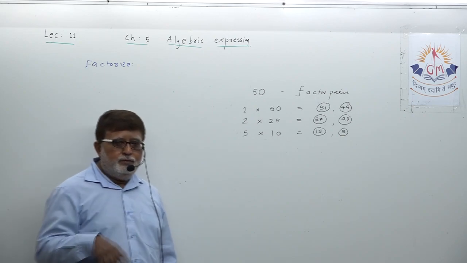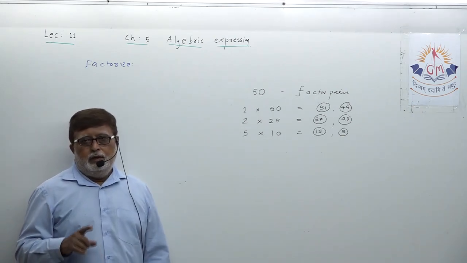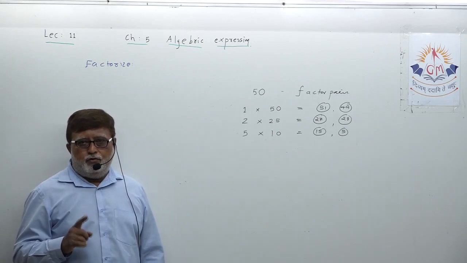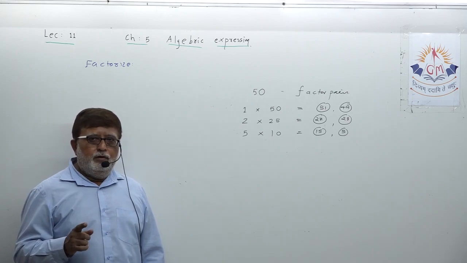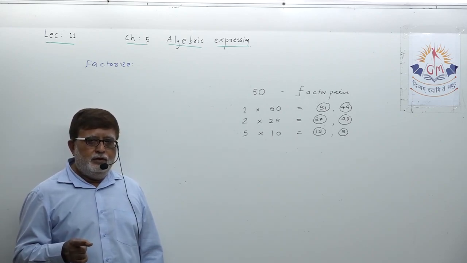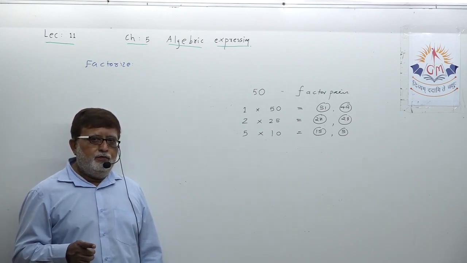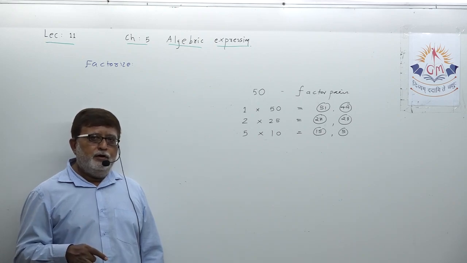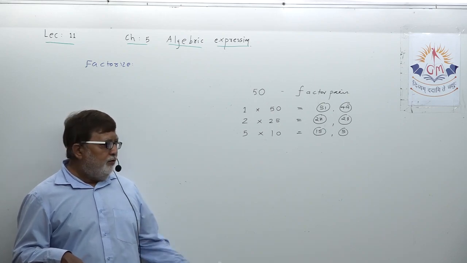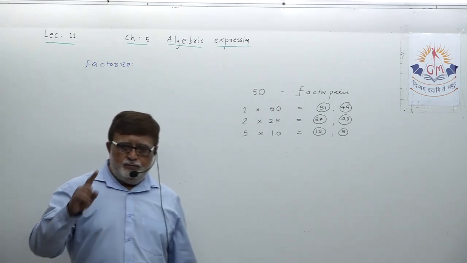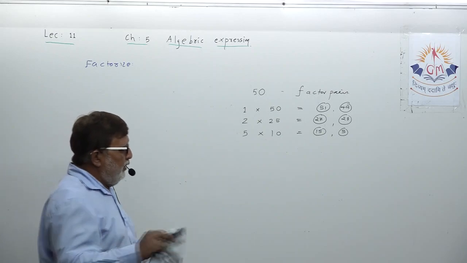And those students, remember dear student, those who are not strong at factorization will always feel difficulty in solving chapter 4 of 10th quadratic equation. You will have lots of difficulty in that. So dear student, understand the concept very well.